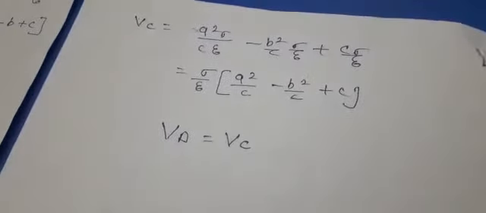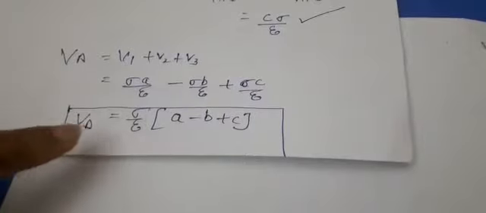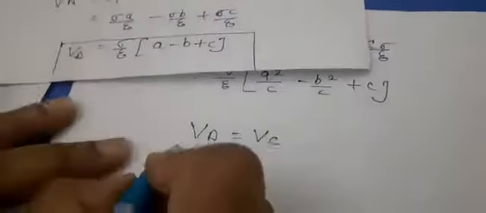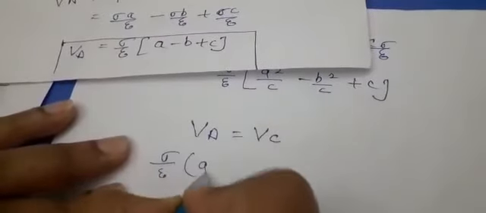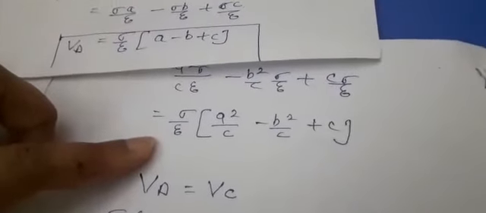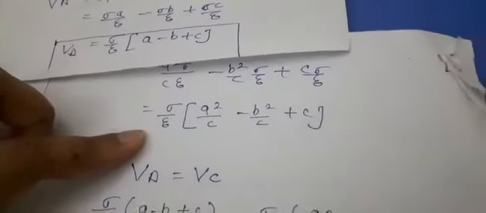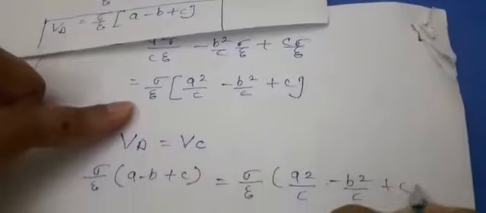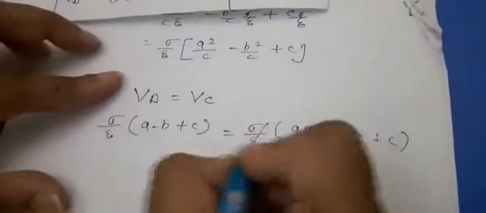Now, if potential of A and C are equal, then establish the relationship between their radii. So what you have to do here is simply compare. I have taken potential of A as sigma by epsilon naught, A minus B plus C. So put this value here, sigma by epsilon naught, A minus B plus C. And potential of C from here, sigma by epsilon naught, A square by C minus B square by C plus C. This will cancel.